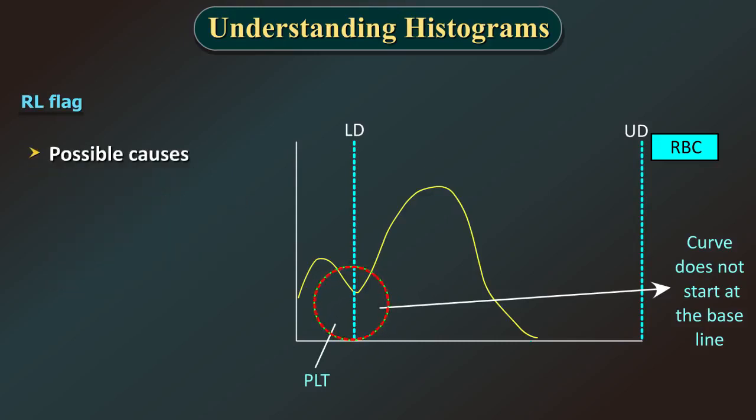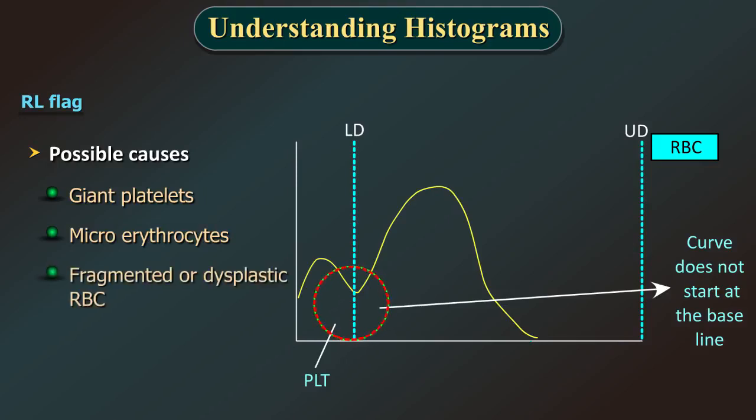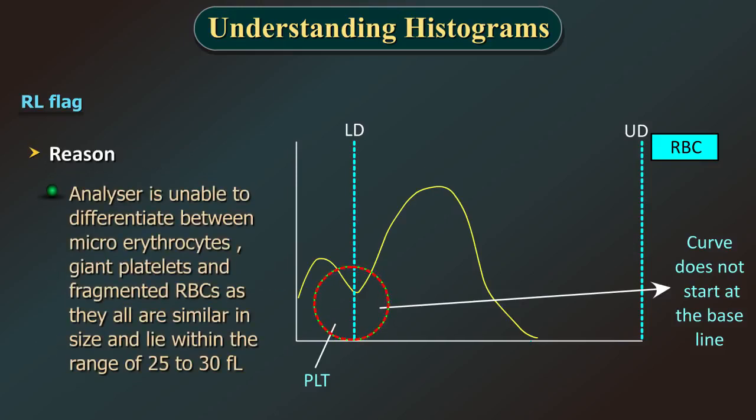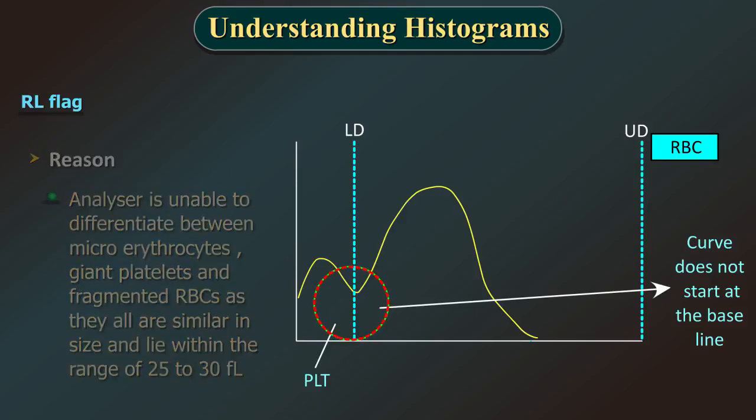Possible causes: giant platelets, microerythrocytes, fragmented or dysplastic RBCs or platelet clumps. Reason: the analyzer is unable to differentiate between microerythrocytes, giant platelets, and fragmented RBCs as they all are similar in size and lie within the range of 25 to 30 FL.